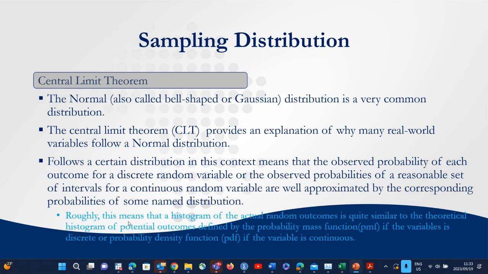So roughly, this means that a histogram of the actual random outcome is quite similar to the theoretical histogram of the potential outcomes described by the population. So you have the random variable, and then you have the theoretical properties.